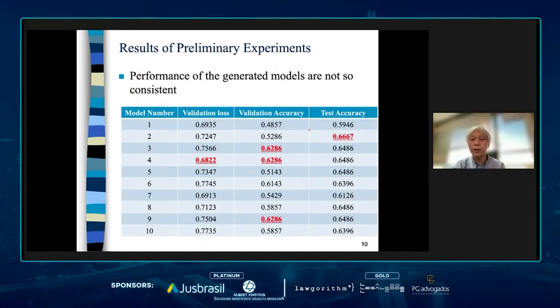As we can see, the performance of the system is not so consistent, even though we use almost the same framework for training the models. In addition, validation accuracy is not directly related to the test accuracy. So it is difficult to select an appropriate model using validation accuracy and validation loss.